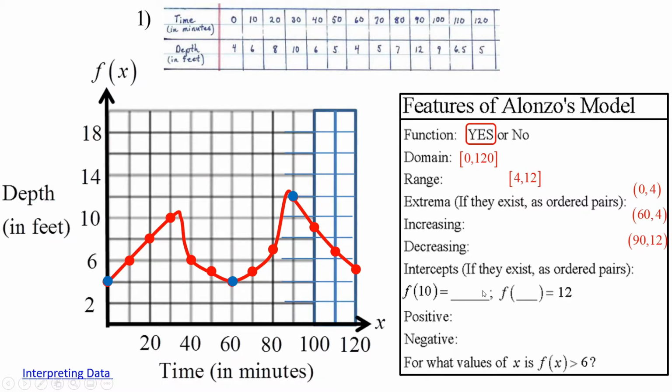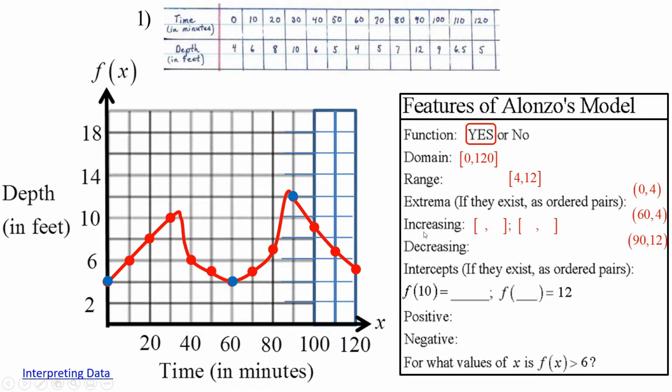Very cool. Now the intercepts, if they exist as ordered pairs again, intercepts would be, where does this function cross the y-axis or the x-axis. And I only see one intercept, and that would be this point right here. Oh, increasing. Oh, I skipped a spot here, so let's go back here a second. Okay, we found the extrema.